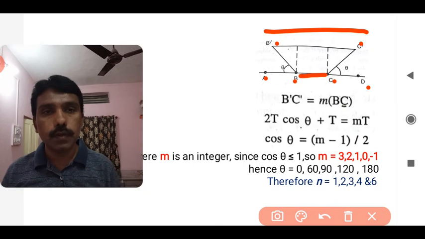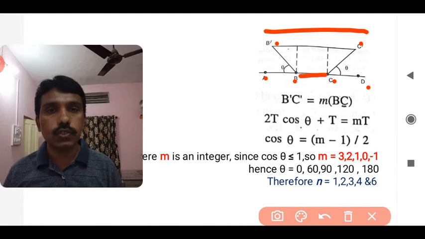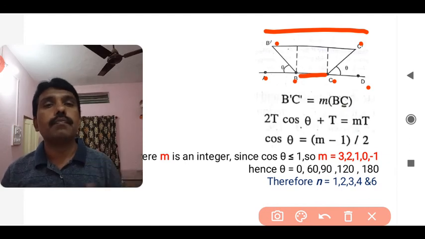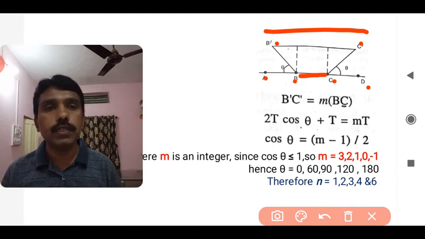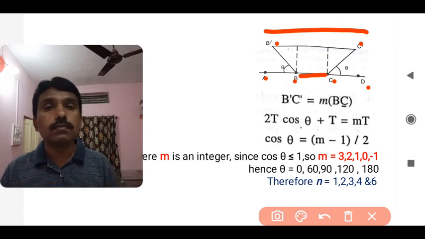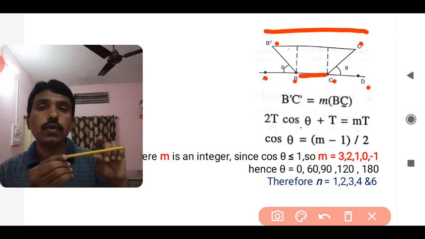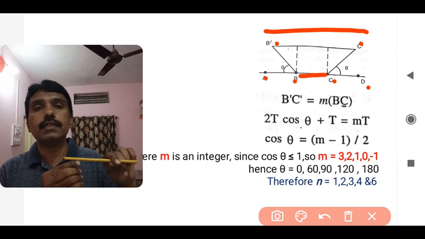So to find out what exactly correlates BC and B dash C dash, the magnitude of the newly formed vector or newly formed line B dash C dash is a multiple of the original vector BC, the original translation. I am using the word vector as a translation because this is going to be continuous, that's why it is called a translation.